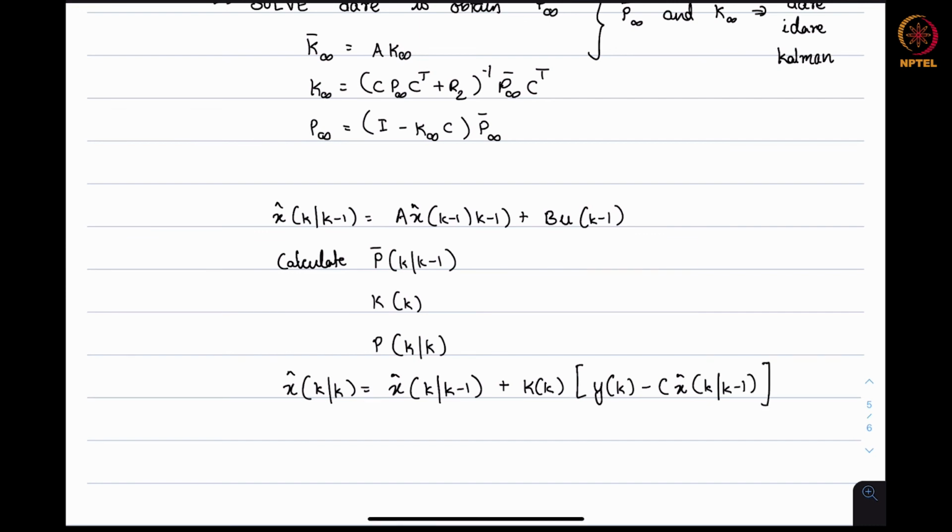Okay. So these are the steps in calculating Kalman filter.